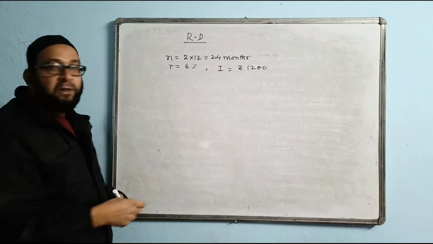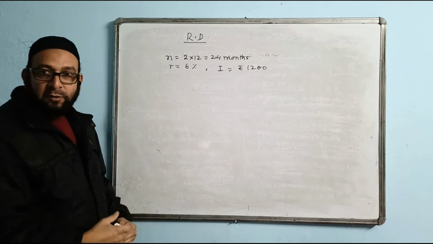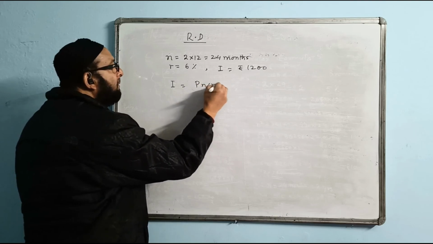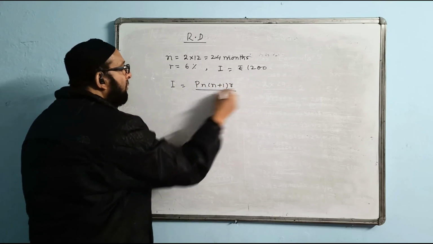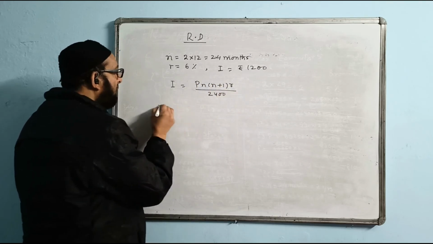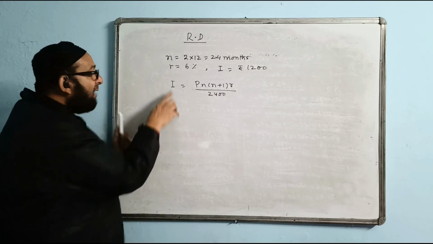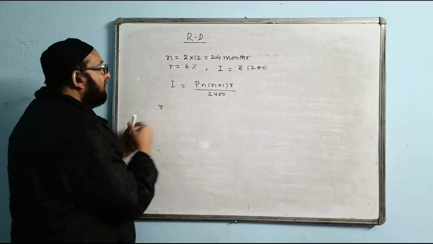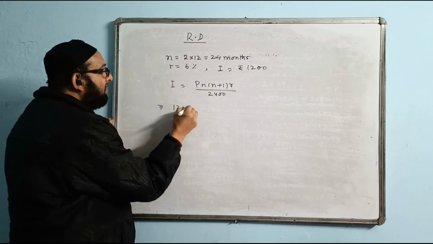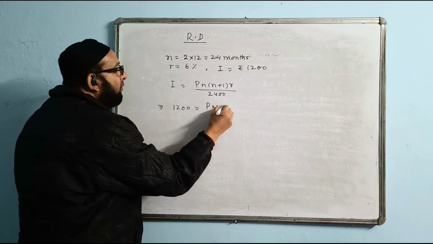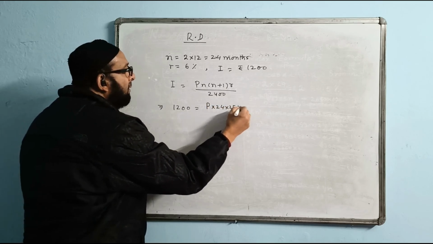So it is easier. First step only we will equate and find the answer. I formula is P n plus 1 R by 2400. I value we put below because I is given, 1200. P is unknown. Time is 24. Here it is 25.